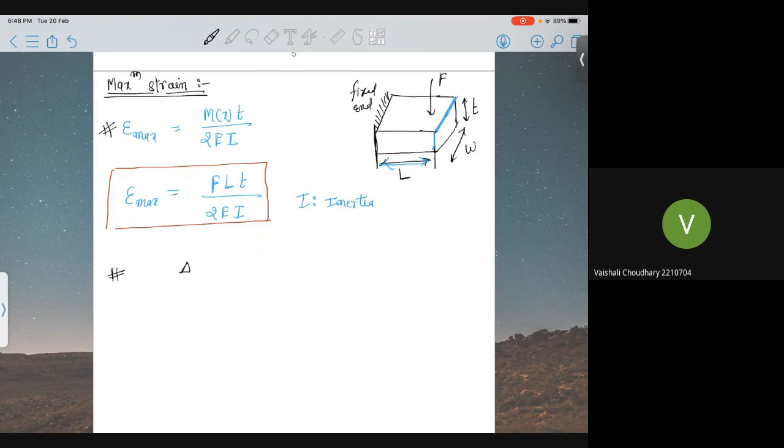The gauge factor G is the change in resistance by strain, right?